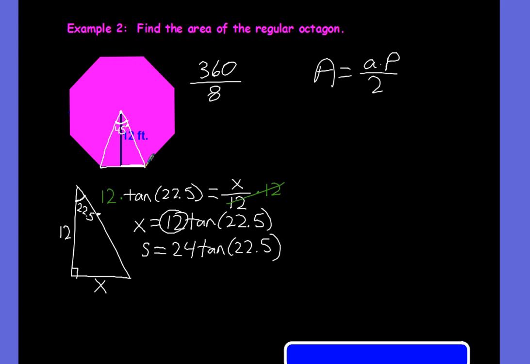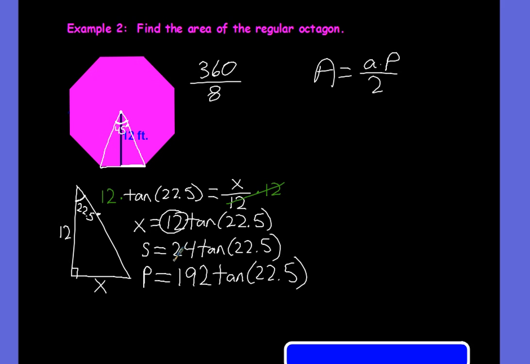Well, now I'm going to take that and multiply it by 8 because that's going to give me my perimeter. So now I'm going to call it P for perimeter and take all that and multiply it by 8. Now, if you do that, 24 times 8, you get 192. So this becomes 192 times the tan of 22.5.